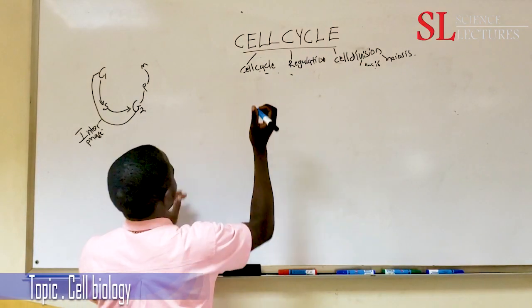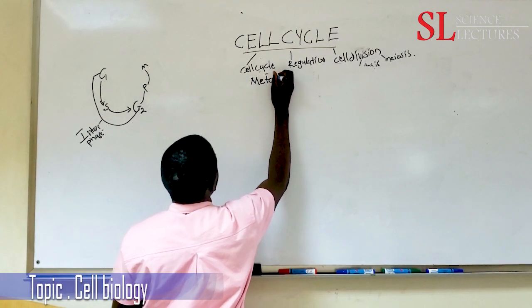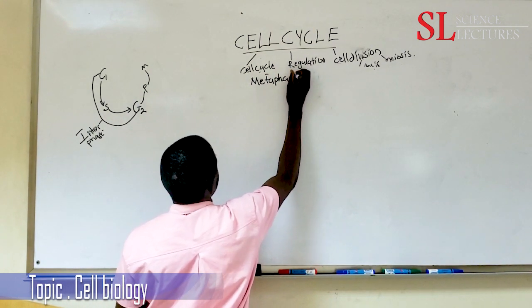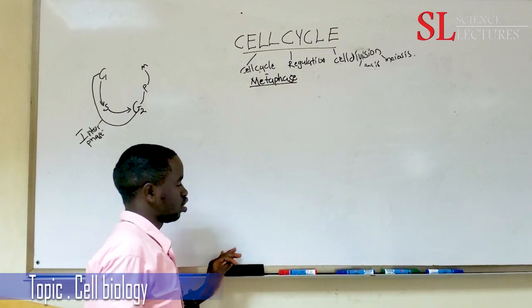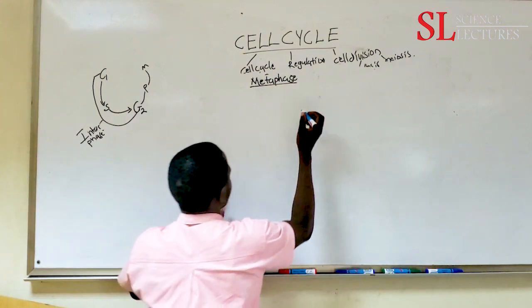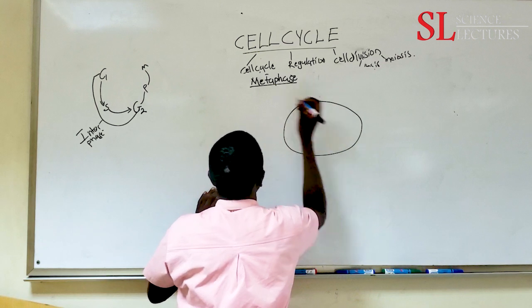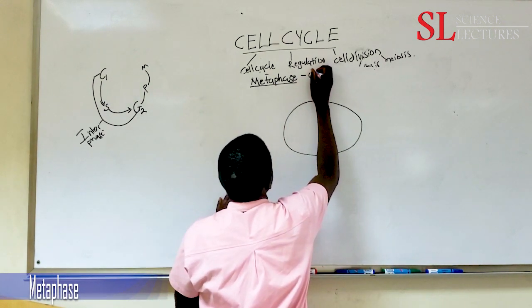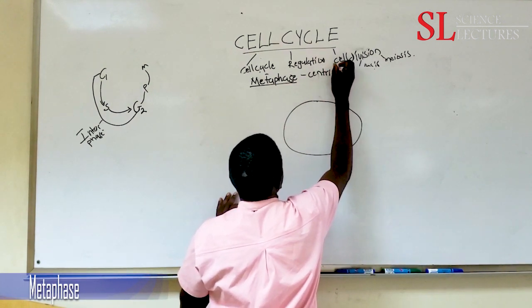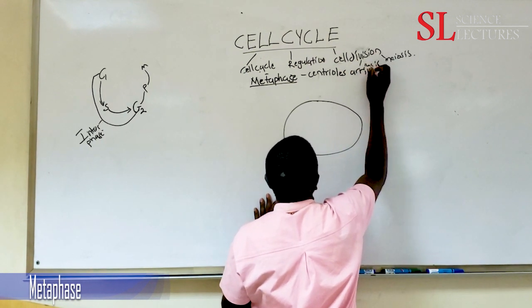After having looked at prophase, the cell enters the next step, that is metaphase. Meta means in between. So assuming this is my cell, the number one step, the centrioles arrive at opposite ends of the cell.